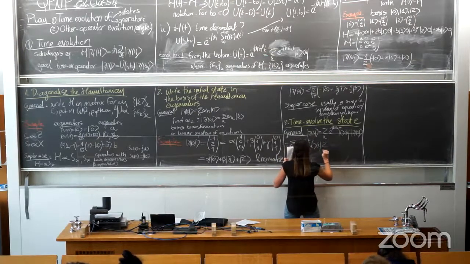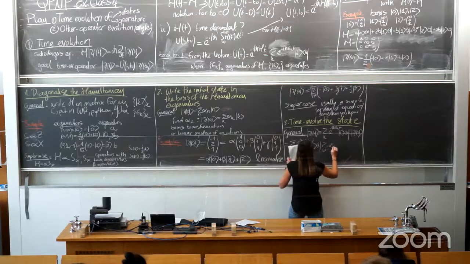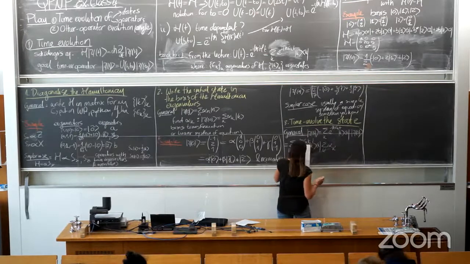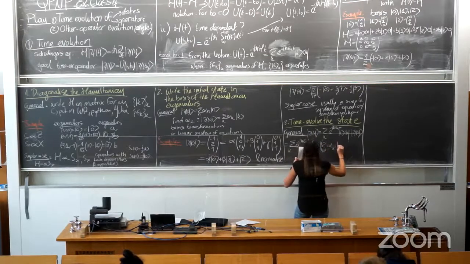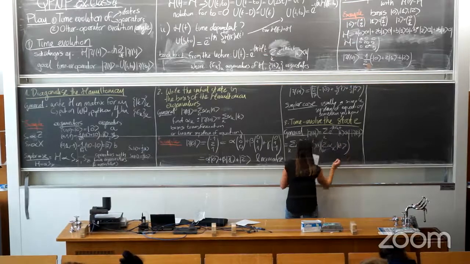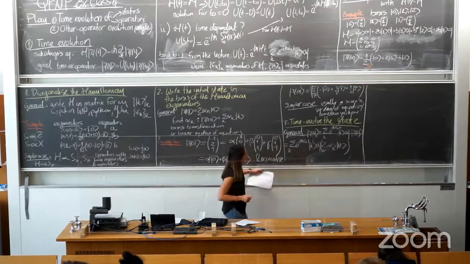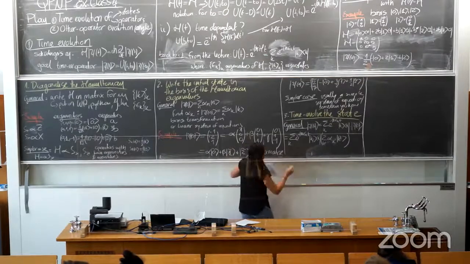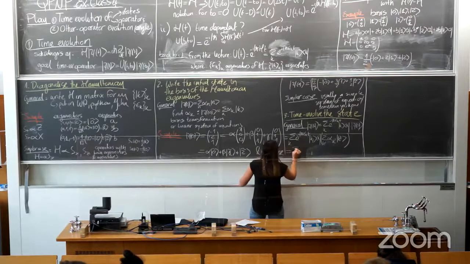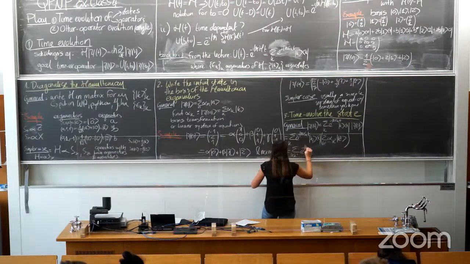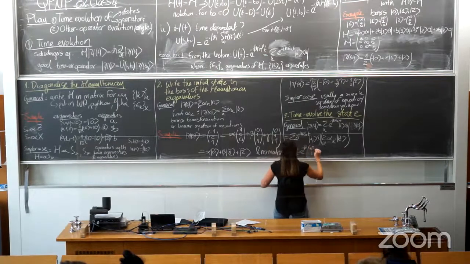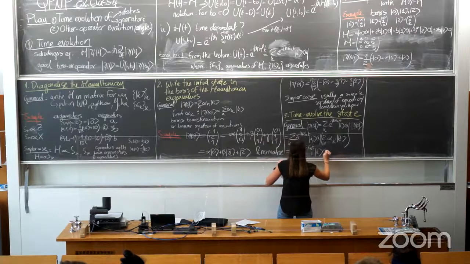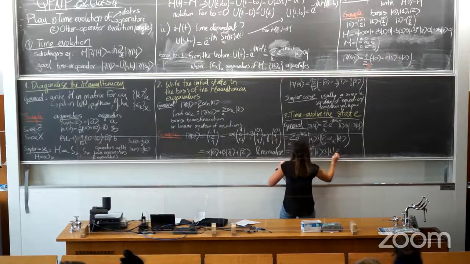So here I found some h_k', which now I call k', of |k'>. Why is this very cool? Because now I write it as |k'> e to the minus i E_k t over h bar <k|k'>, and here I have an h_k'.